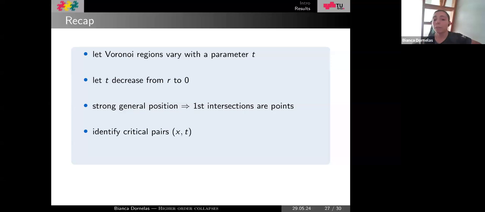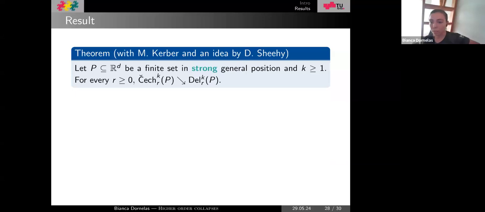But if we do have it, then we can identify the critical pairs x and t. And then we can find these associated simplices. And it's just a matter of combinatorics of how we collapse the simplices away. In some cases, there will be only one interval. Some cases, there will be several, but it can be done. And so this all together gives us this result.